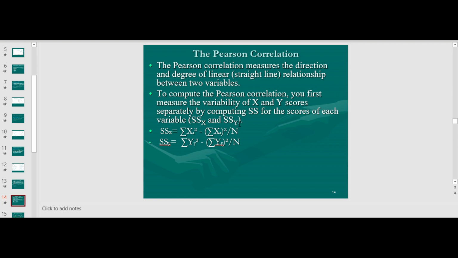So if there is a perfect relationship between the two variables, then there must be co-variability between x and y together. And if there is zero correlation, then there will be no co-variability between the two variables.